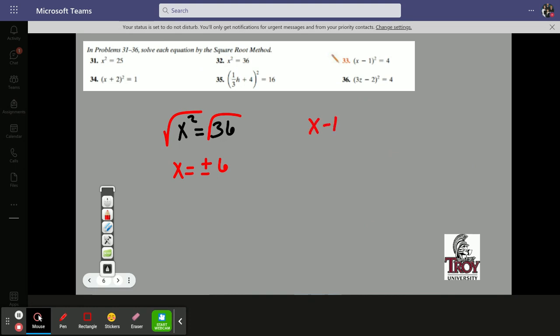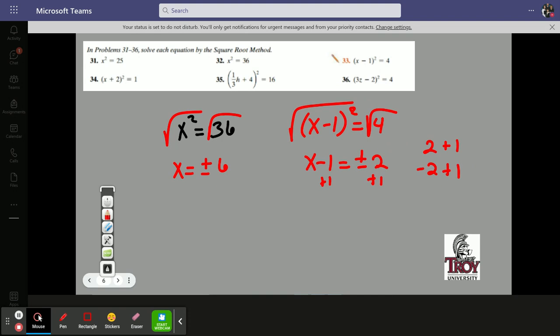X minus 1 squared equals 4. Square root. X minus 1 equals plus or minus 2. Adding the 1 to both sides gives me 2 plus 1 and negative 2 plus 1. So my answers are going to be, write them more properly. Yes?